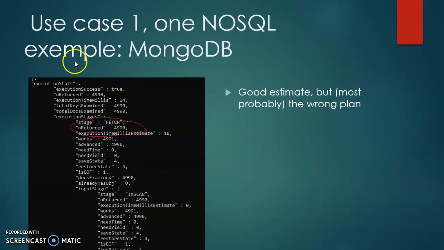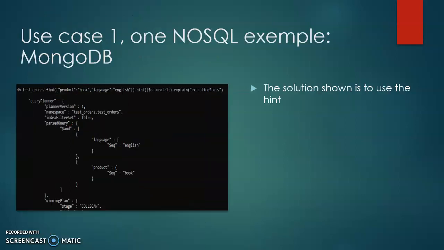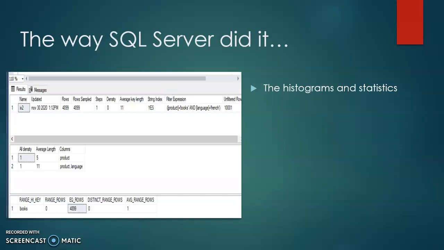So there is an estimate here. You see that MongoDB estimated that there is a big fraction and there is a small fraction. Here is this big fraction estimation, and the solution was to use the hint.